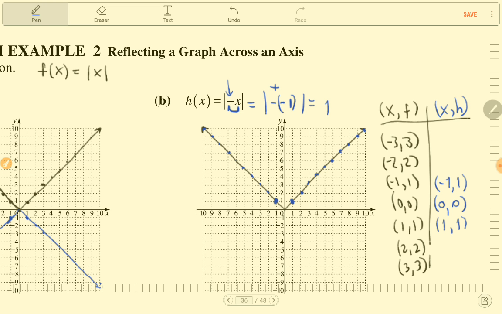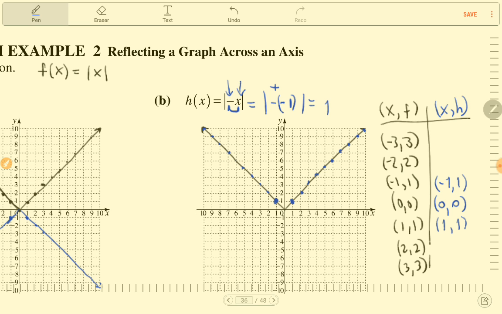For instance, where we would normally put in, say, a positive 1 and find the absolute value of positive 1, we were finding the absolute value of negative 1 and ending up with the same y value.